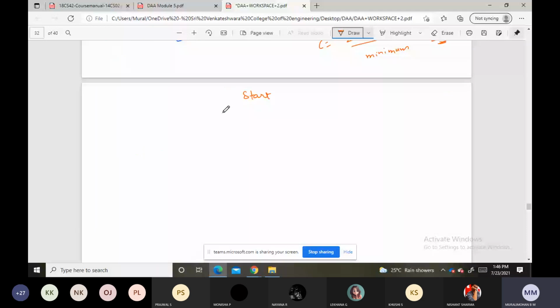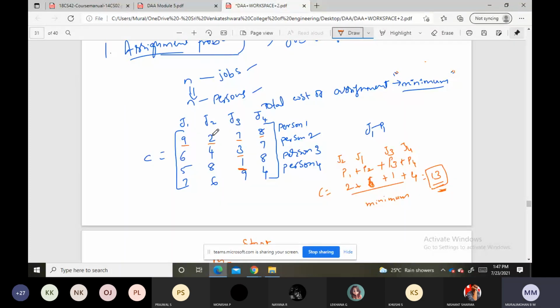Lower bound we will calculate as the first step. We will take the minimum values in these rows. We will take the minimum value in the first row. Which is the minimum value in the first row? 2. The first row, the minimum value is 2.